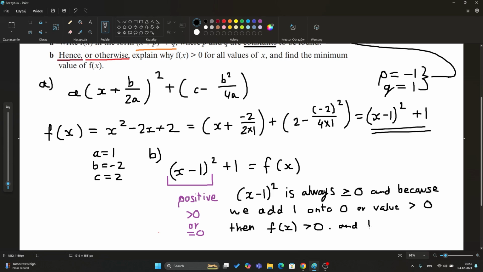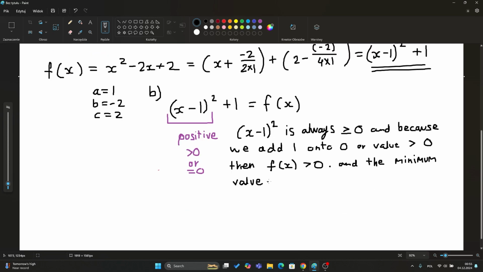And the minimum value of x minus 1 squared plus 1 is when x minus 1 equals 0, so x equals 1.